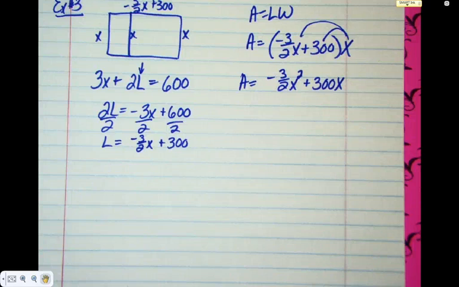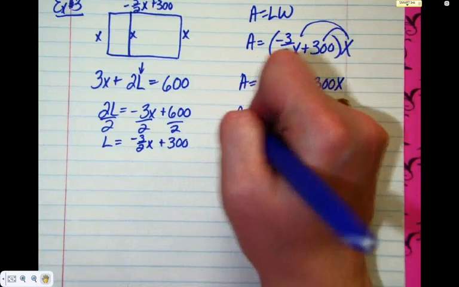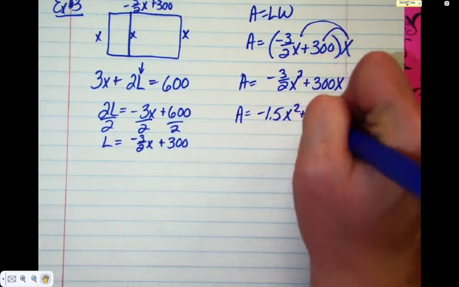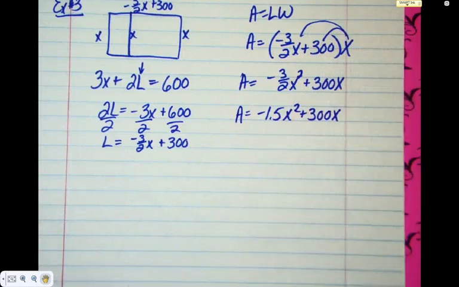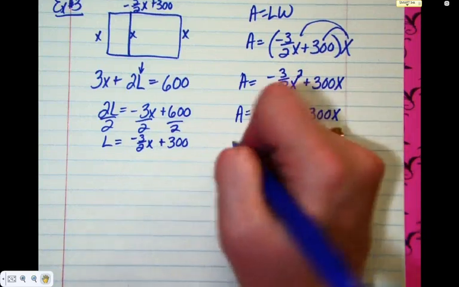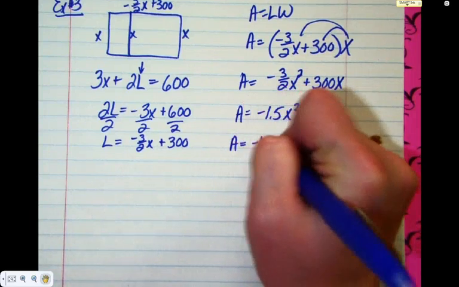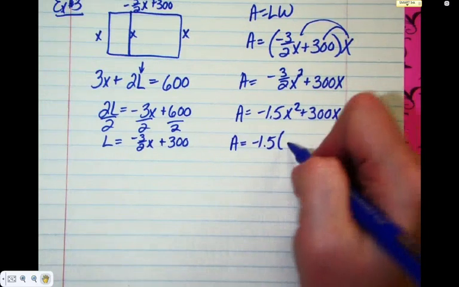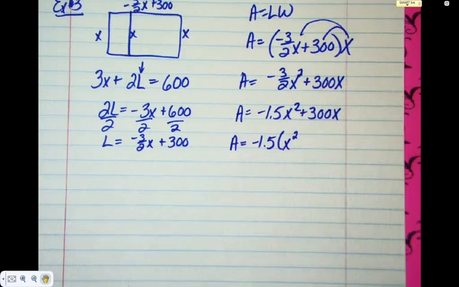This would be a calculator question. We wouldn't expect you to complete the square by hand with a coefficient of negative 3 halves. So what I'm going to do, because we're going to use our calc, is just turn it into a decimal. Is there a coefficient in front of the x squared? Okay, so we need to bring it out front. And this is where you probably want to grab your calc and do 300 divided by negative 1.5.